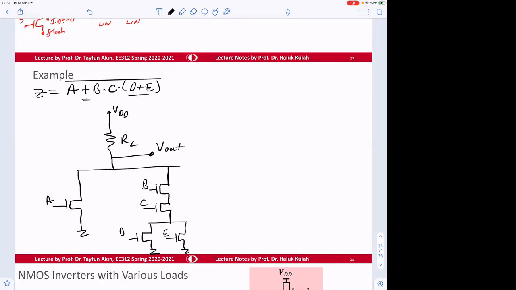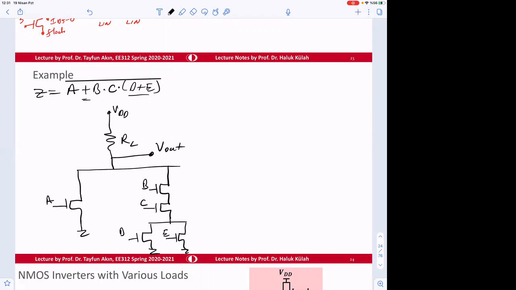What do you say? Isn't this nice? I think it is nice, hocam. So this is what we will be doing for multiple input cases or more complicated circuits.